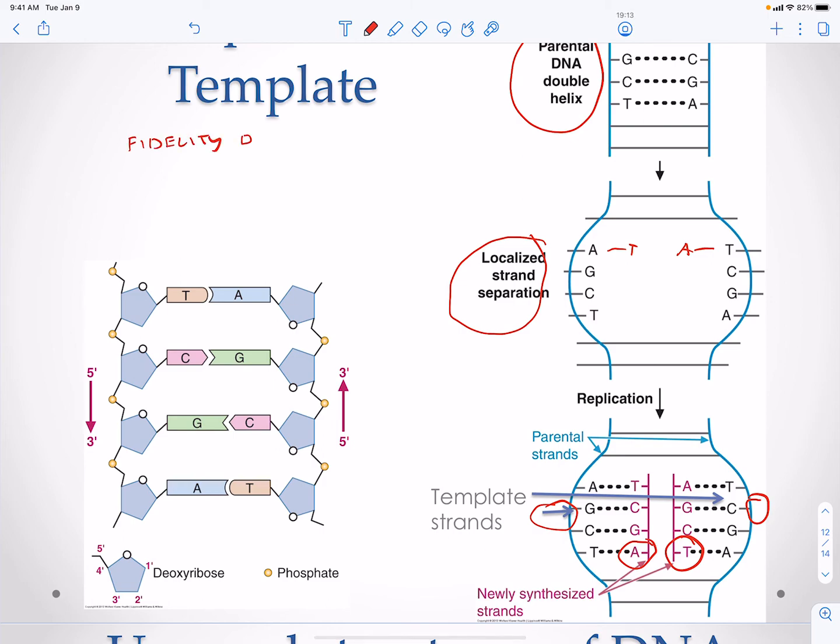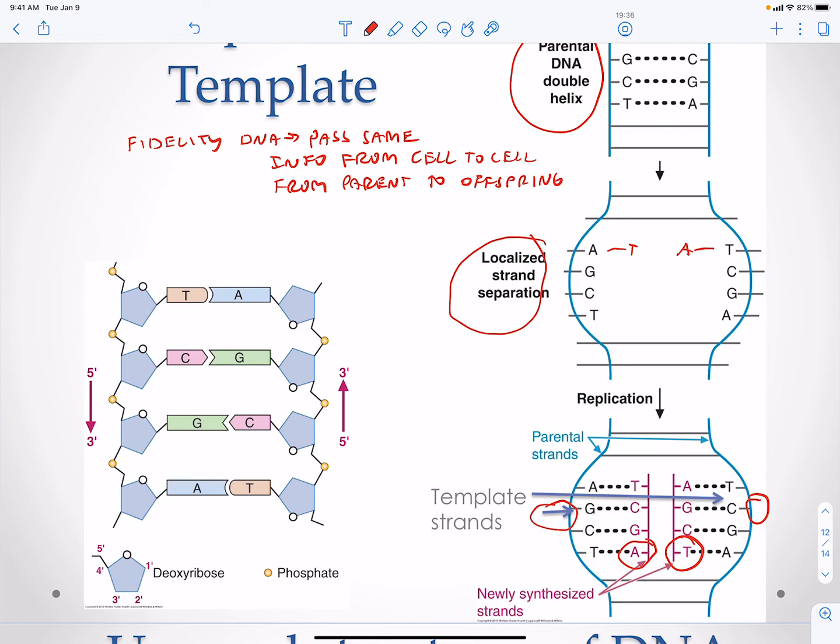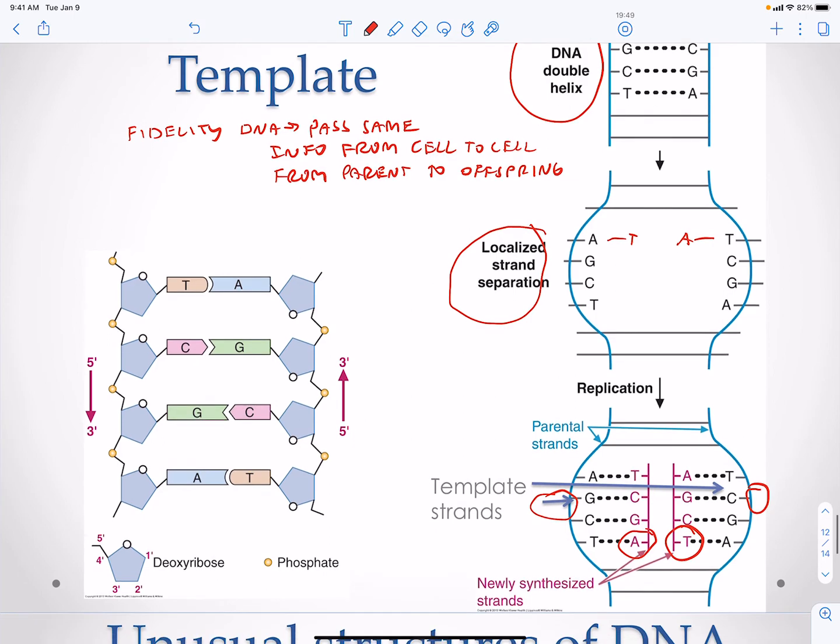So fidelity of DNA is that you get passed the same information from cell to cell, from parent to offspring. And the fidelity is what really gives us the ability to transfer our DNA information onto generations throughout time.